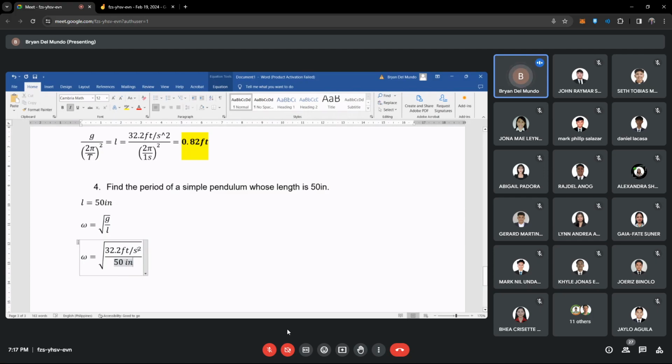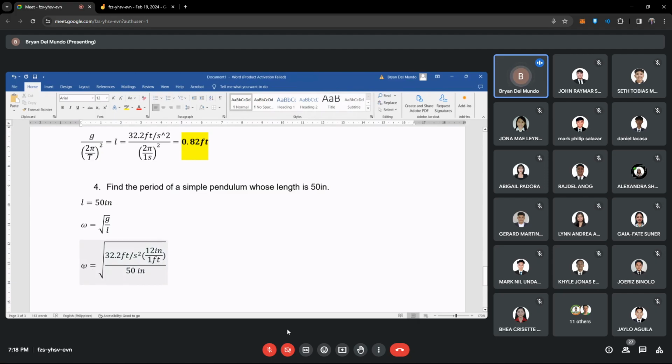And then let's try to convert yung ating feet to inches so that we can cancel yung linear units natin. So we're just going to multiply 32.2 by 12 inches over 1 foot. So makakancel si feet, so cancel si inch.